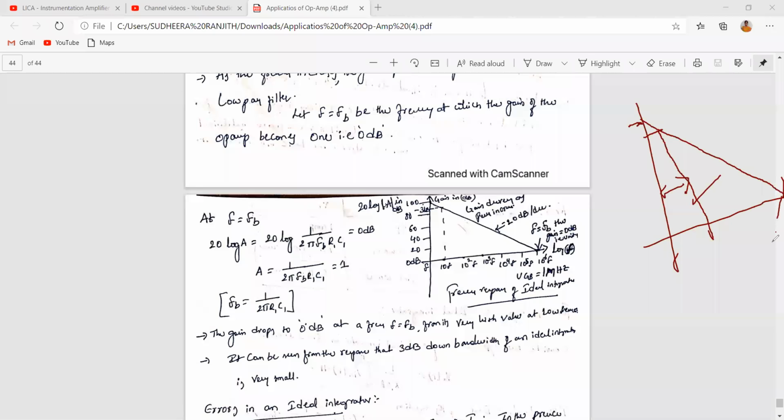And the 0 dB frequency is fb. Let f equal to fb, the frequency at which the gain of the op amp becomes 0 dB. Okay, so it can be seen from the response that the 3 dB bandwidth of an ideal integrator is very small. This is one of the limitations of the ideal integrator, right?